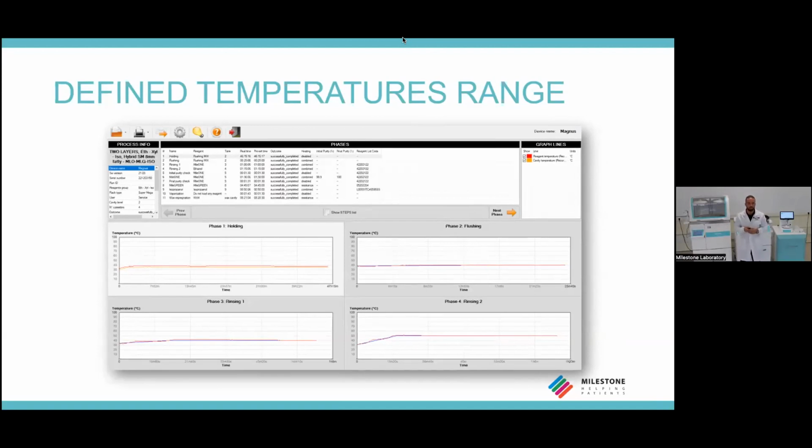As you see in the picture, there are 2 curves, cavity temperature and reagent temperature, in order to monitor each phase. The first is the holding phase, the second is the flushing, rinsing 1, rinsing 2, and so on with all processing phases. So the operator can be 100% sure that each step follows the protocol set.